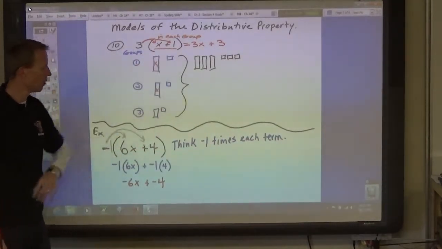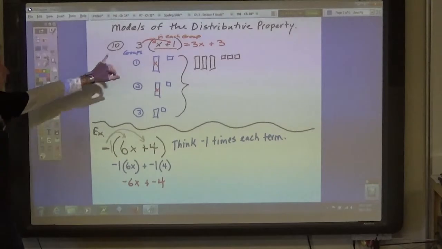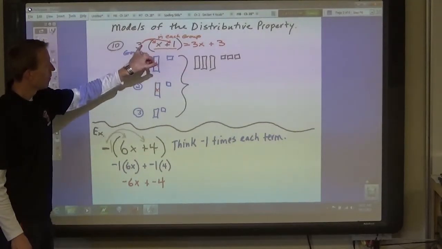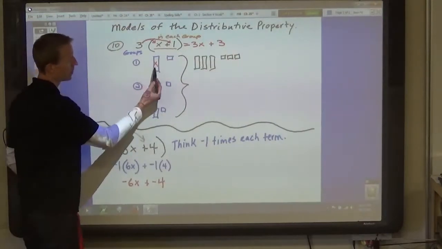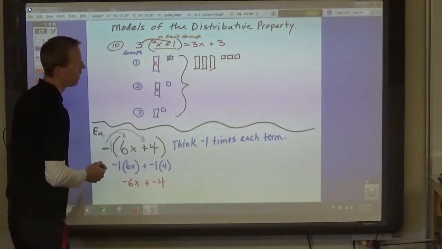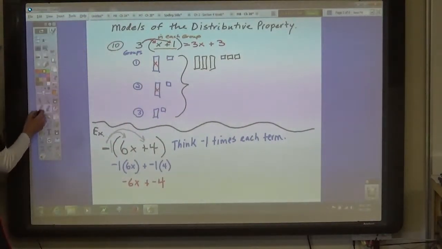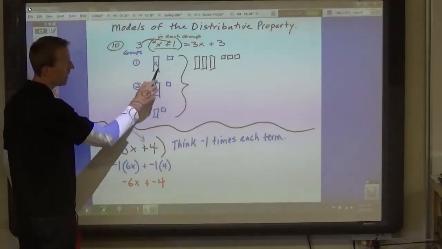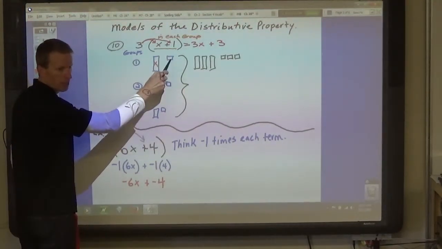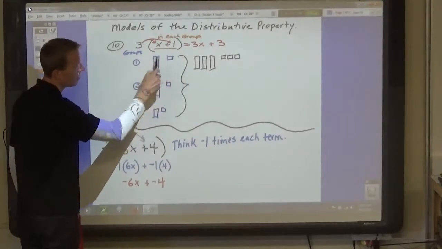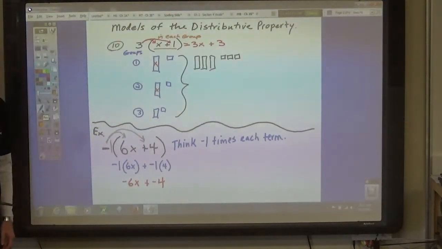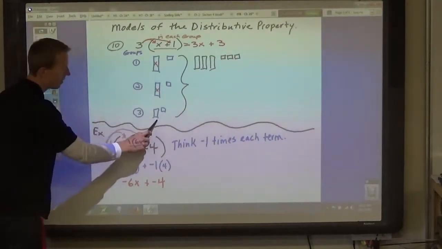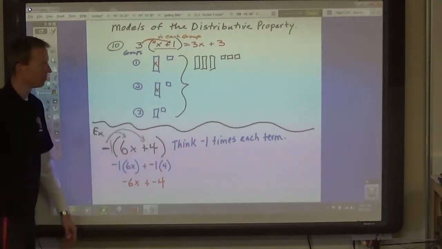How about some models? One of the ways you can think of this is if you have x plus 1, this is what that model looks like. X and 1. Okay? This is the x and this is the 1. So if you're multiplying this by 3, it's giving you 3 groups of this. 3 x's and 3.